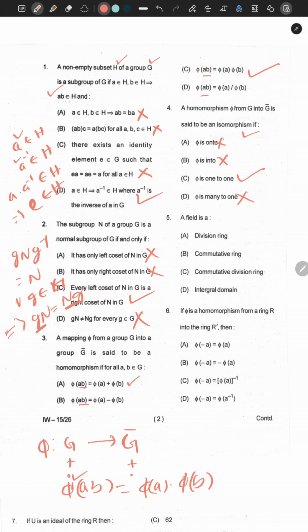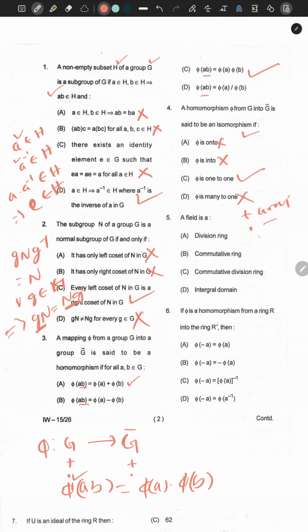A field is a division ring. What is a division ring? It is a ring in which every non-zero element also has an inverse. This implies that a field is a division ring, because what is a field? A field is a group under addition, and multiplication is also a group, meaning every non-zero element has a multiplicative inverse.